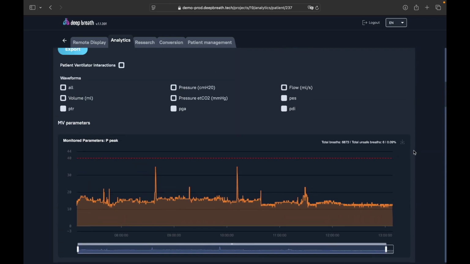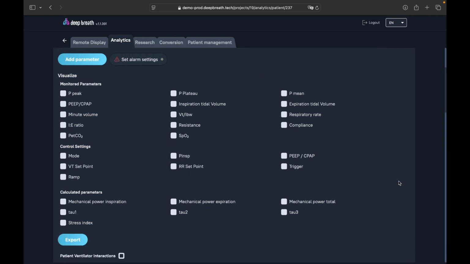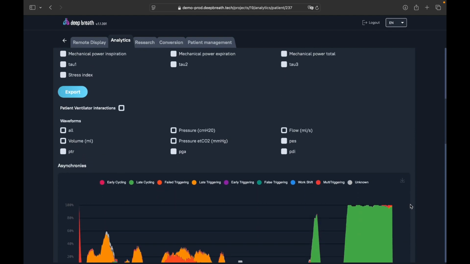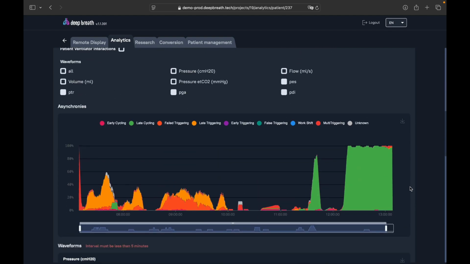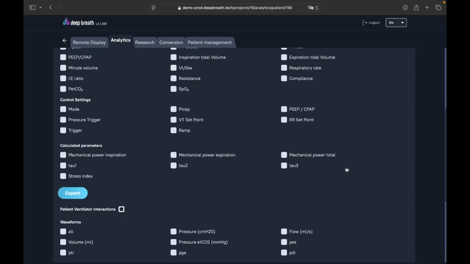So this kind of analysis can be done now very easily, almost automatically, and we are sure it can be very helpful in your research. Detection of patient ventilation asynchronies.